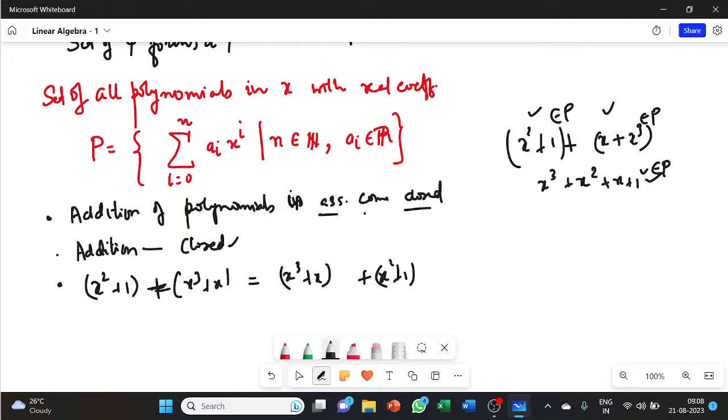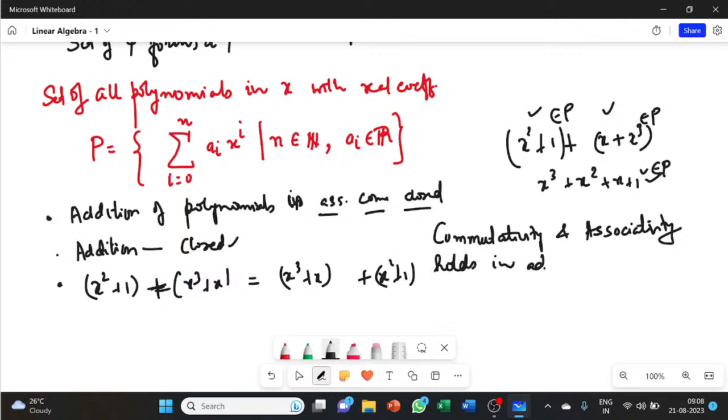Is that clear? So both commutativity and associativity hold in addition of polynomials.